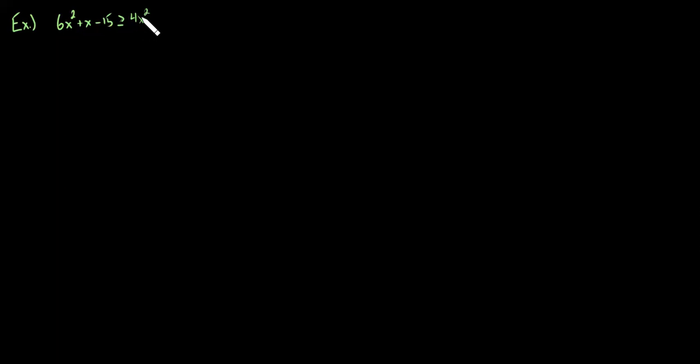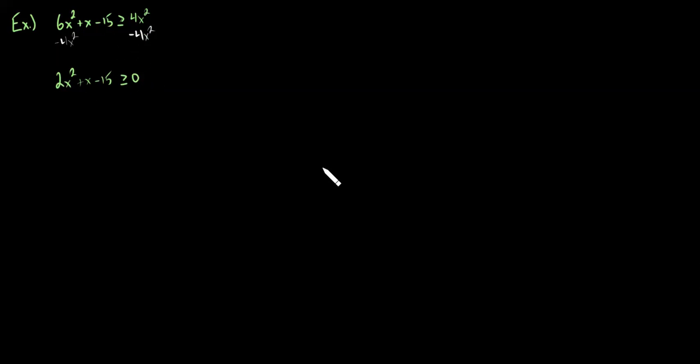Okay, so remember, whenever we're solving by factoring, we need everything on one side, in standard form. So I need to move that 4x squared over. I'm going to subtract 4x squared from each side. 6x squared minus 4x squared gets us 2x squared plus x minus 15 is greater than or equal to 0.